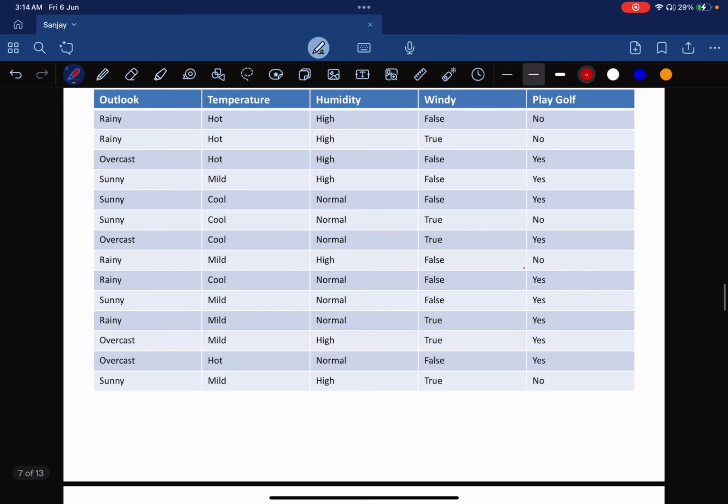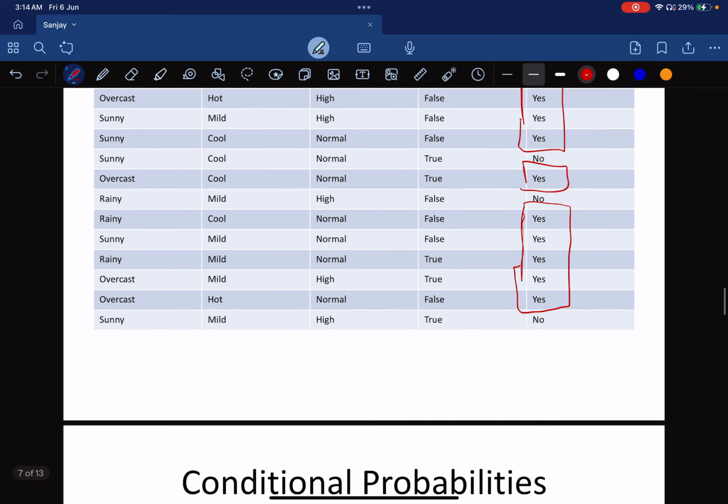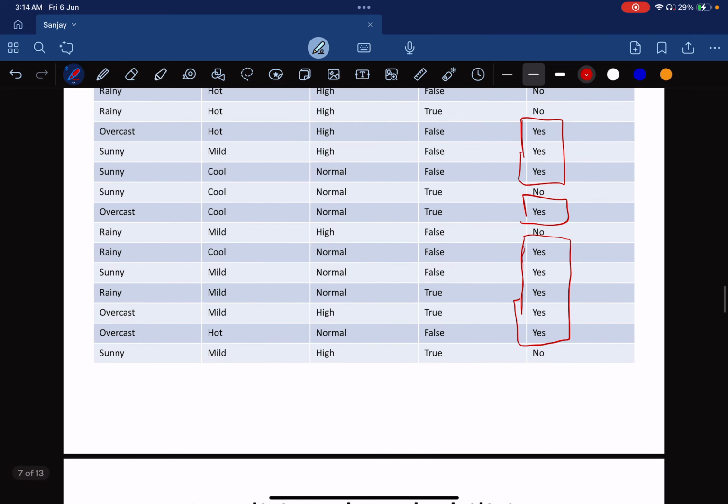These are the yes's. We need to find, whenever sunny comes, what is the probability of yes? Let's take sunny. These are the sunny.